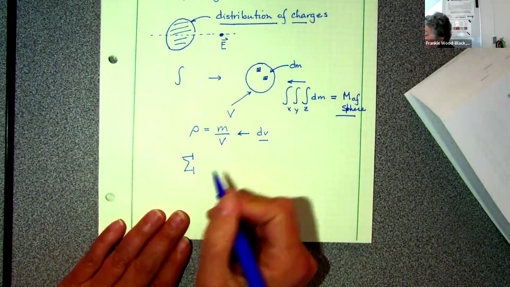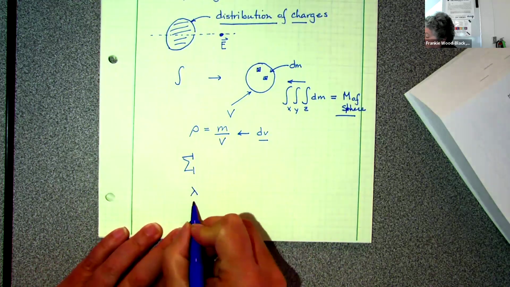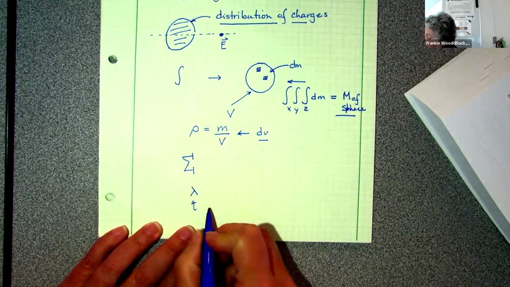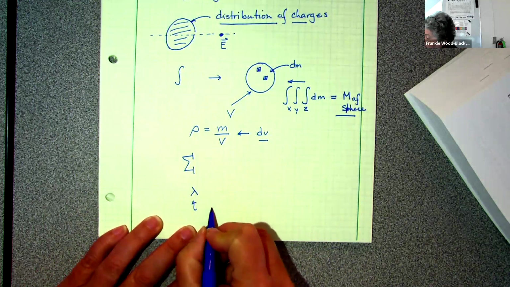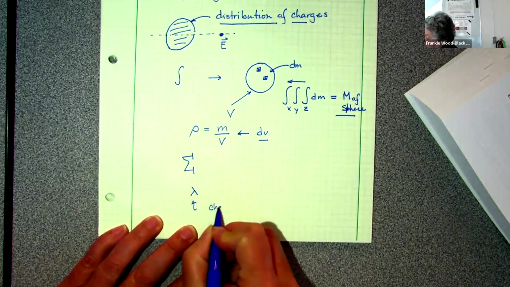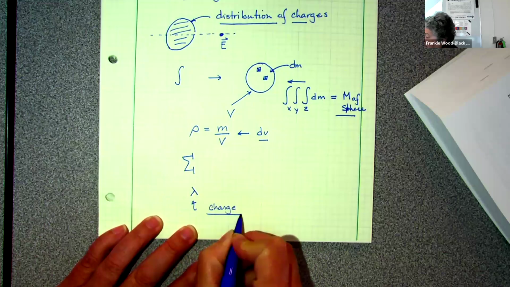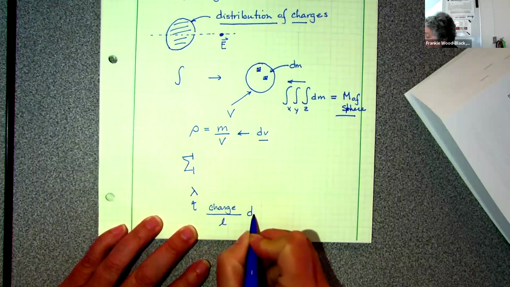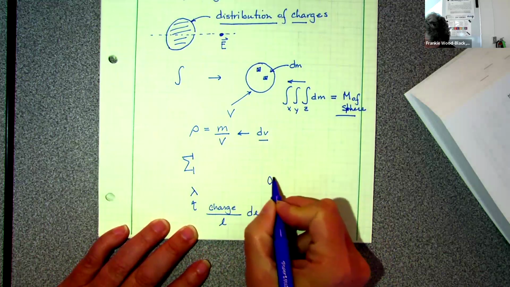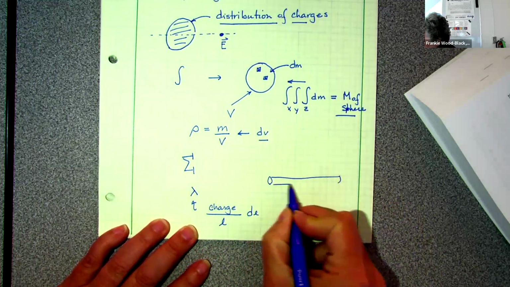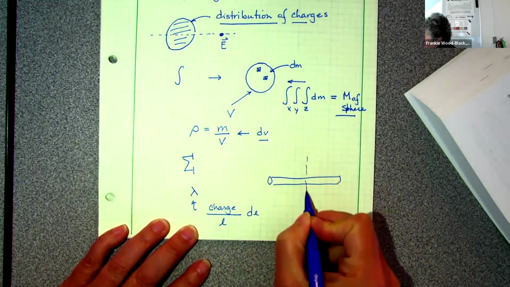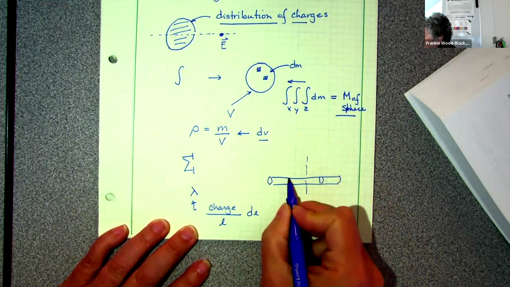So I could look at a linear distribution. Usually this is a charge per length, dq over dl, and that's what we did on Friday, where we looked at a line of charge, sort of over a rod.